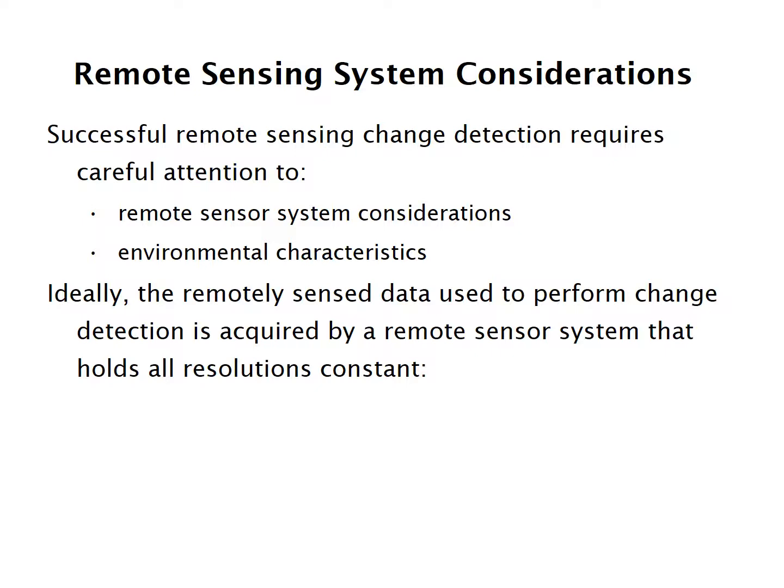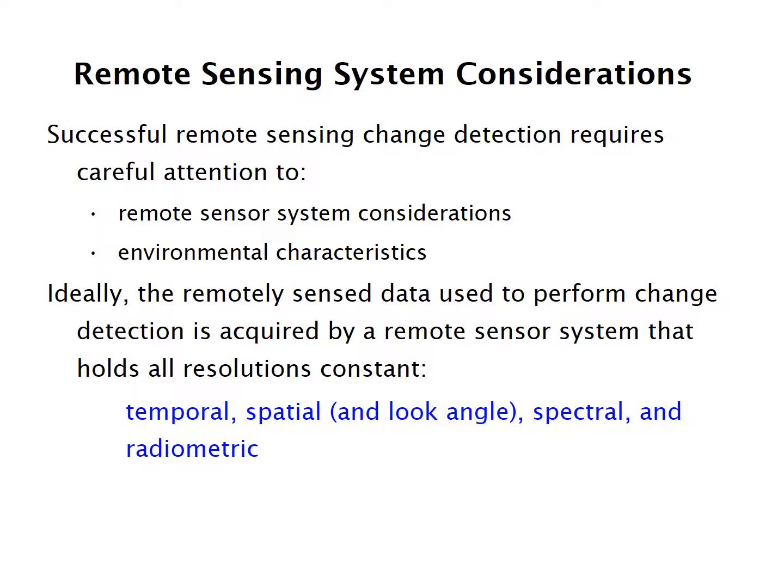In other words, it's not jumping around, zooming in or zooming out. It's just a fixed assessment, so that's one less thing you have to worry about. Specifically, we're talking about not just traditional resolutions, but things like temporal, spatial, angle, the spectral, and the radiometric have all been accounted for.